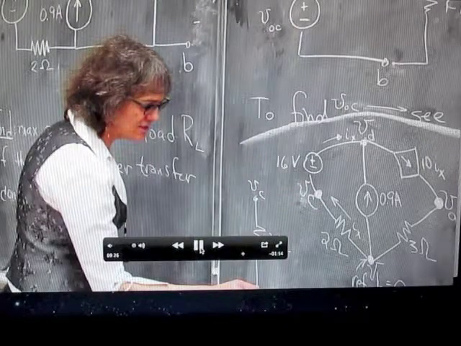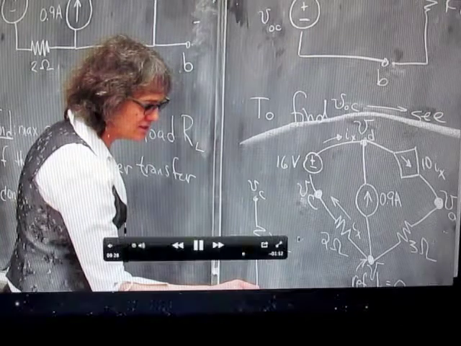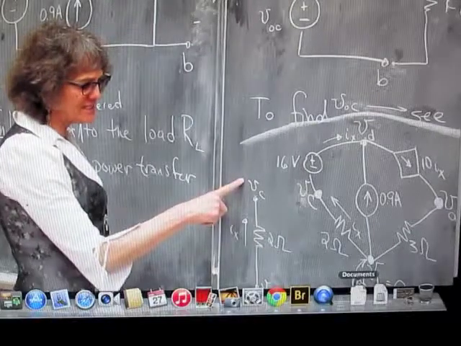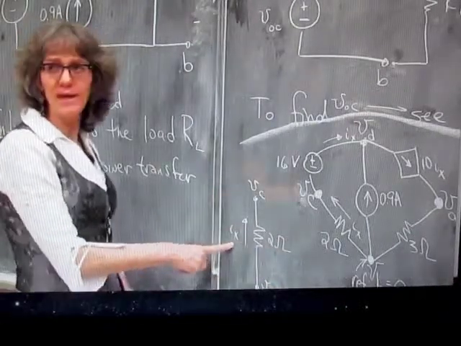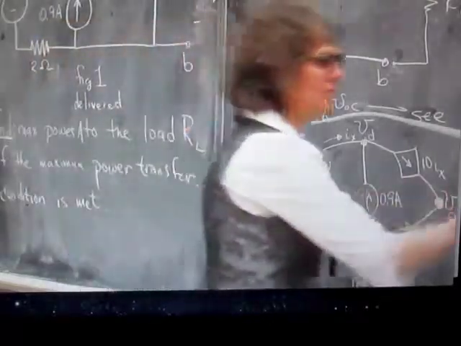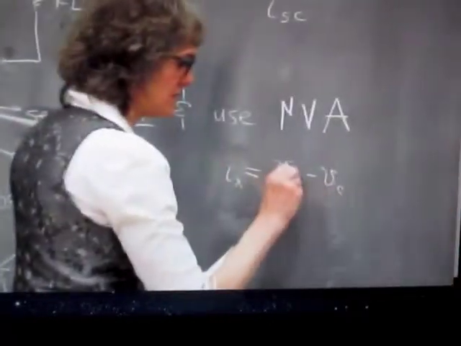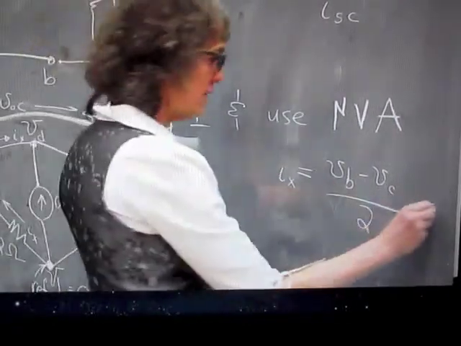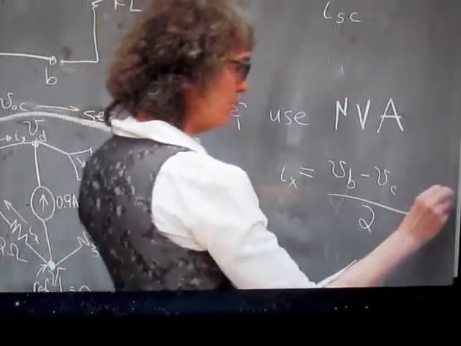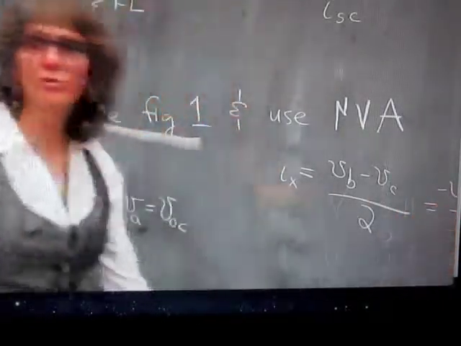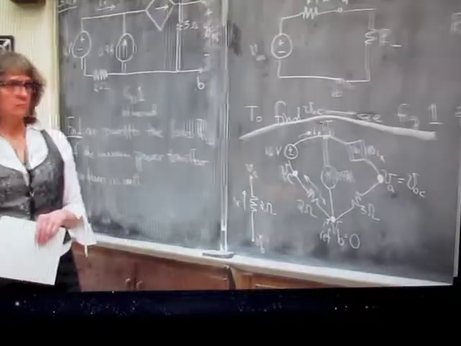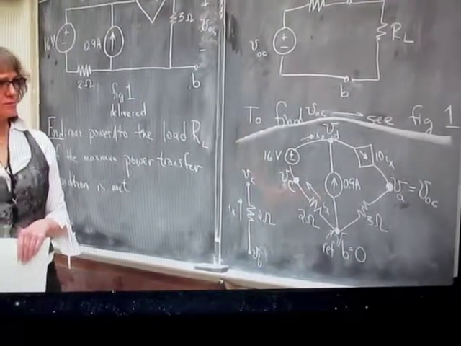The current is going this way, so it's VB minus VC over 2 is equal to IX. But VB is 0, so it's actually minus VC over 2. Okay, so does everybody see that IX is minus VC over 2? Everybody's okay with that? Okay, great.